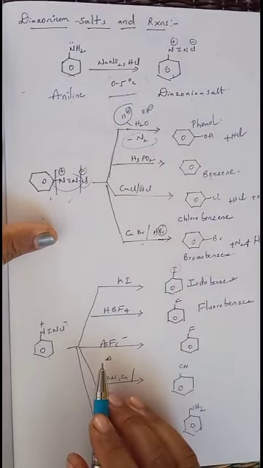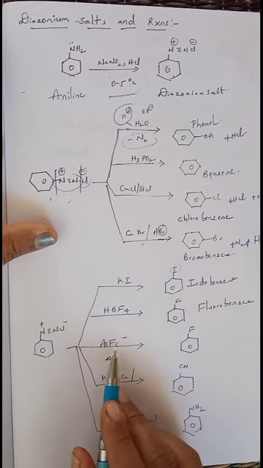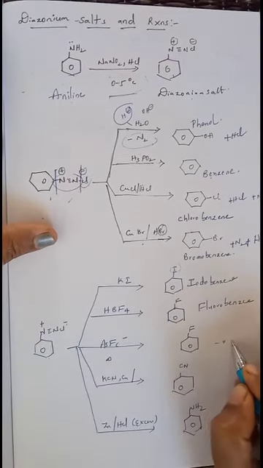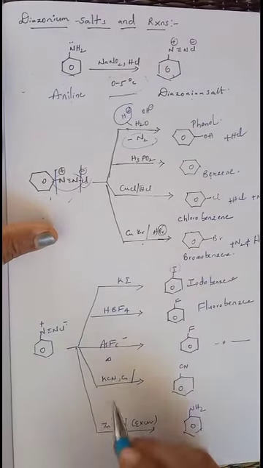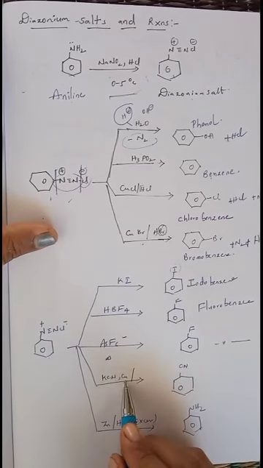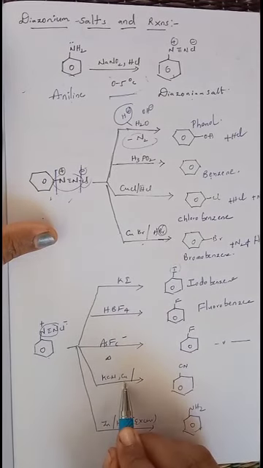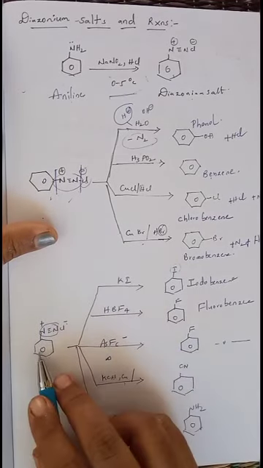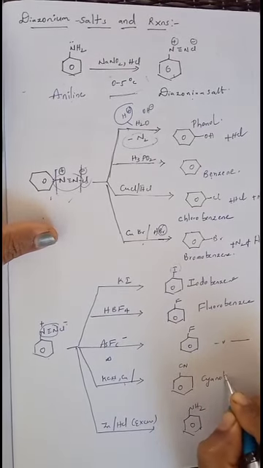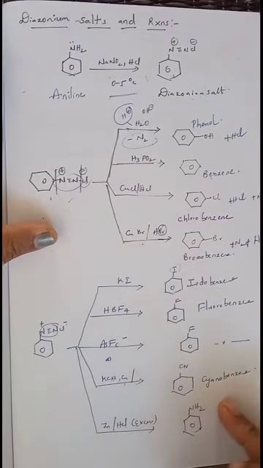When hexafluoroarsenate ion is heated with diazonium salt, again we get fluorobenzene. When KCN reacts in presence of copper, N2 gas and HCl are released, cyanide is added to the benzene ring, and it converts into cyanobenzene. It is called cyanobenzene. Based on the reagent, the product also changes.